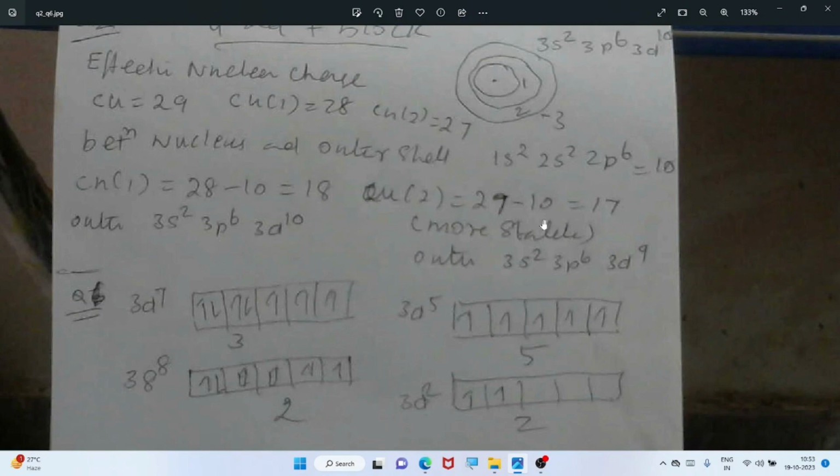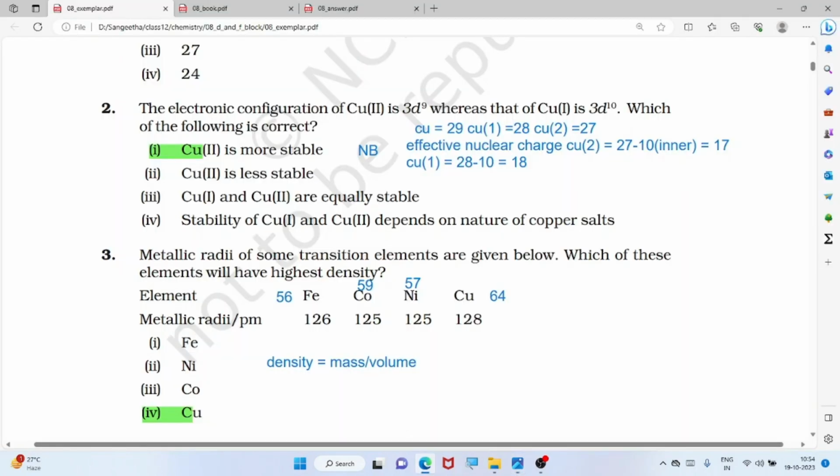This is more stable, because the nuclear charge is less effective. Cu2 is more stable than Cu1, because the effective nuclear charge is less here.